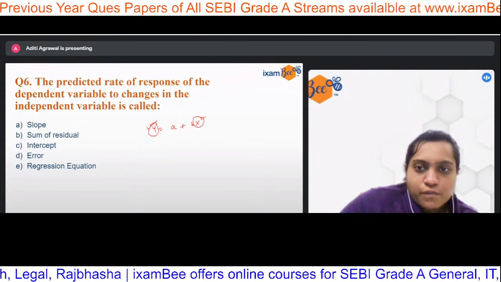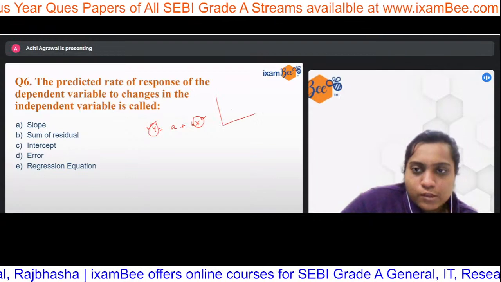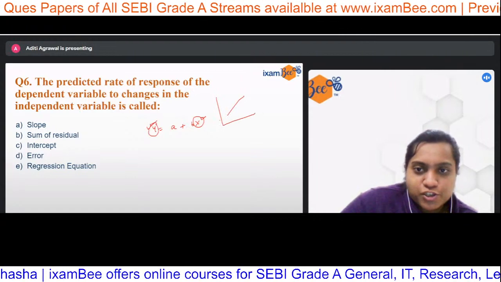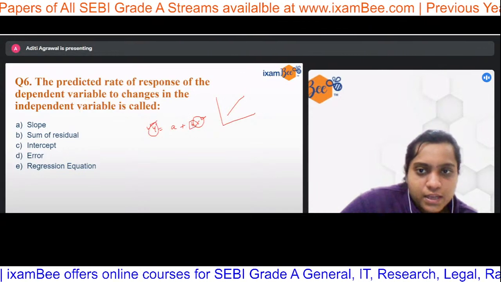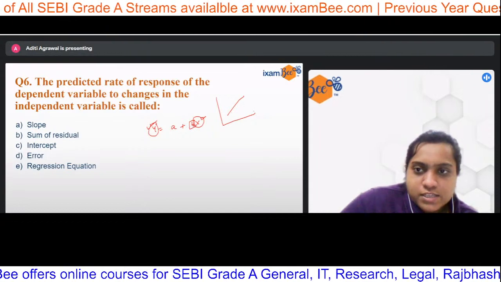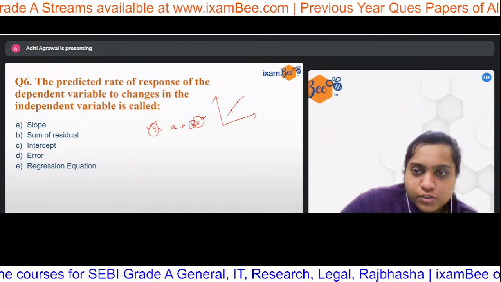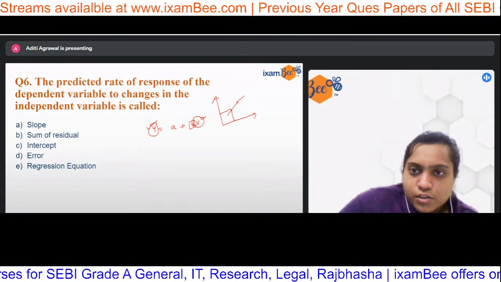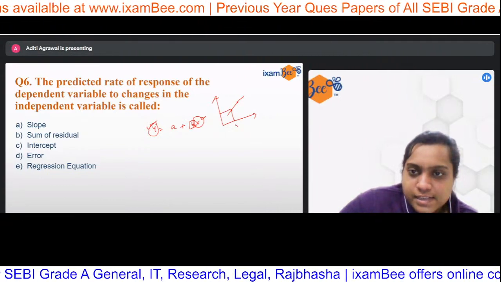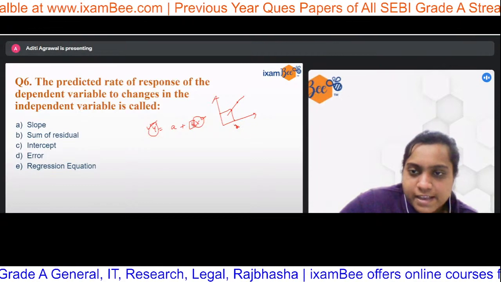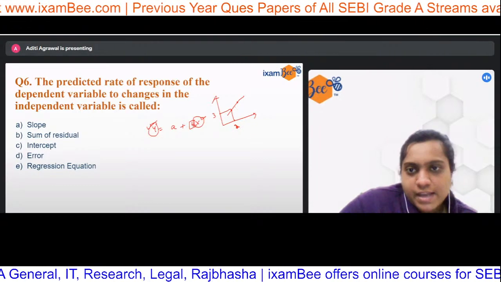So obviously we know that the slope is the measure which measures this rate of change, which is given by b. Like if this is the regression line, if I move from here to here, let's say this x has a value of 2, and let's say this y is 3, right?